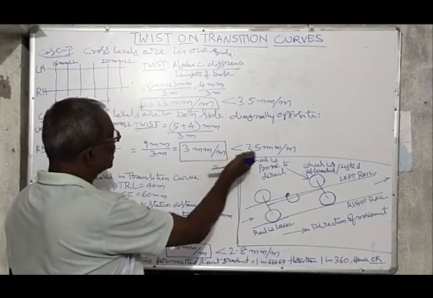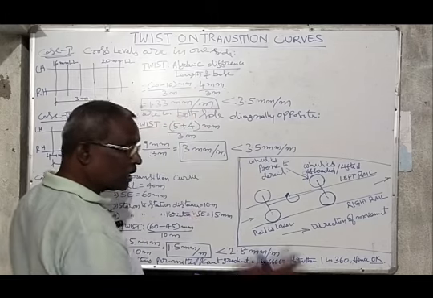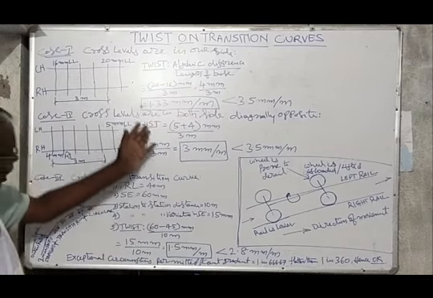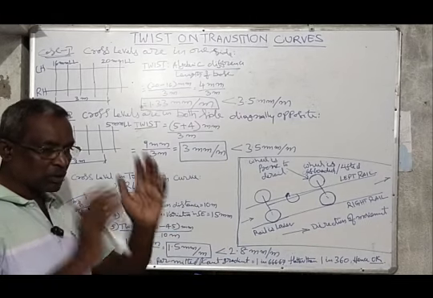This is also less than 3.5 mm per meter. Both the values are for non-transition curve, so this may be applicable for straight portion as well as circular portion.